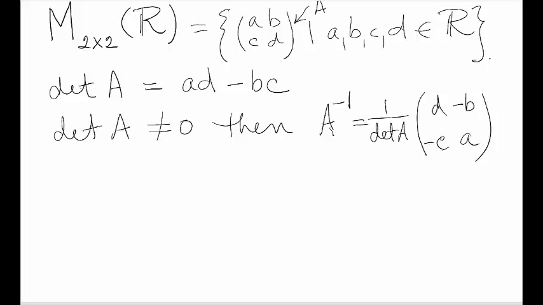Now, I'd like you to be sure and be confident in being able to determine quickly the determinant of a 2 by 2 matrix and the inverse of that matrix. So take an example. Let's say that we have a matrix B equal to 1, 2, 0, 5.